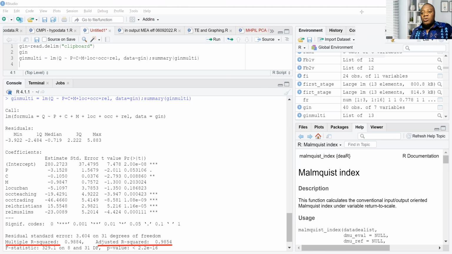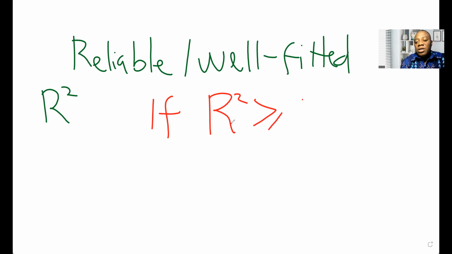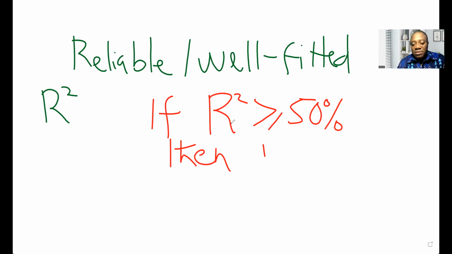Okay, so we are going to do that. But how would you know that the regression model is well fit? Ladies and gentlemen, here is a rule. According to Helen Black, if the value of the R square is greater than or equal to 50%, then the regression model is well fitted.